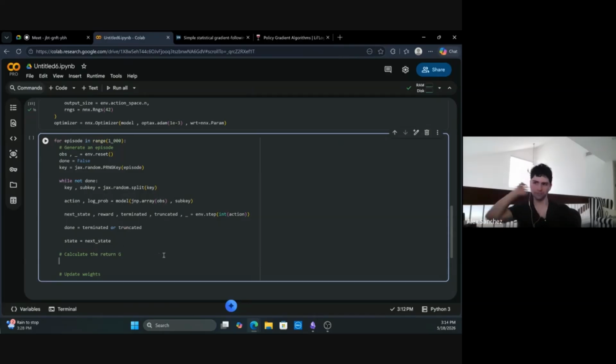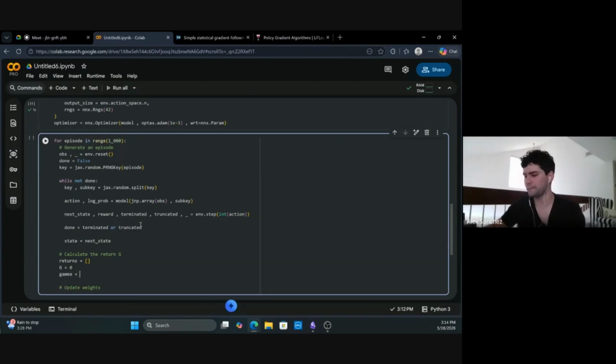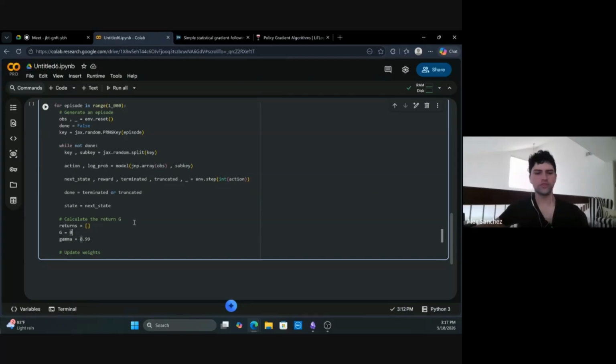The return is the G. Now, one more thing. Well, let's do returns. Returns will be an array, and let's initialize G to 0. And we have this hyperparameter called gamma. So what the G does is it estimates, given the current state and the current time step that I'm in, how much reward did I get from here on outward?